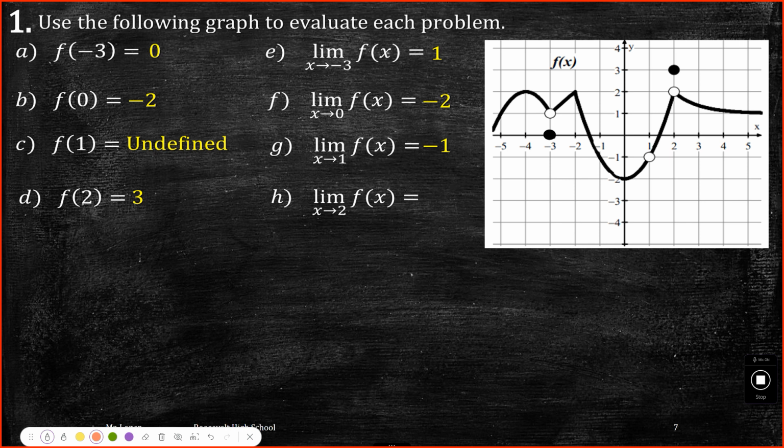You guys don't like my car analogy? I thought it was the simplest way of teaching it. What y value are we approaching as we come from the left and from the right to x equal to 2? What is it, Brian? It's 2.